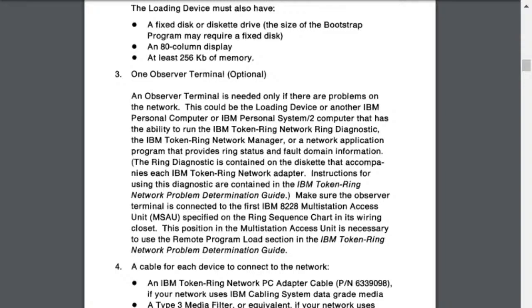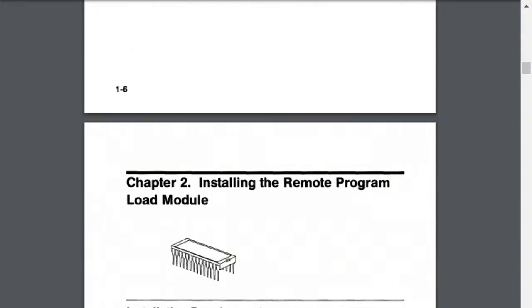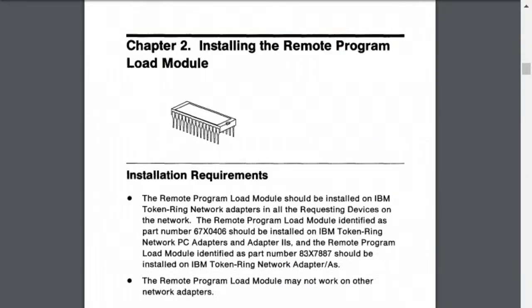And it's interesting, I skimmed a little bit over that observer terminal last night, although there's the trace and performance aspect that I will go through and cover in a later video.